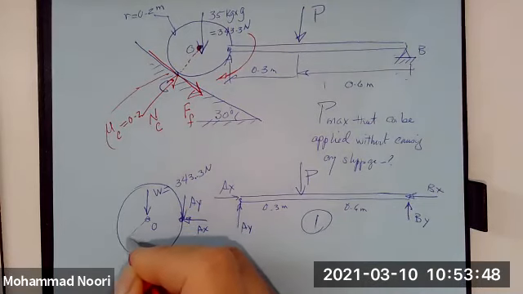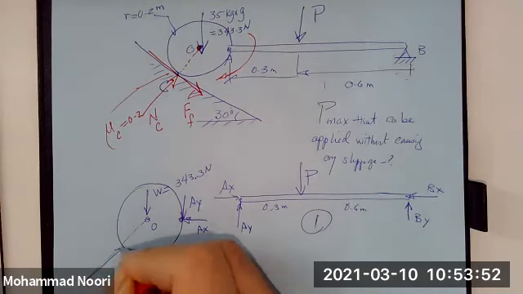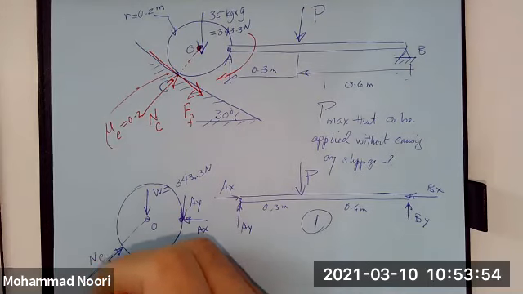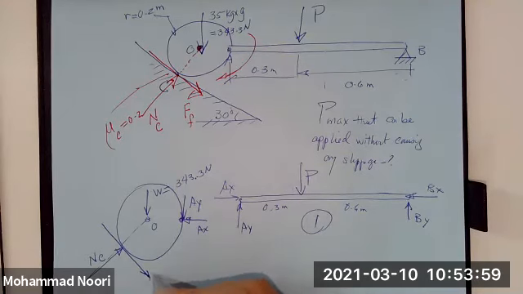And then you have what? You have this force N sub C, and this force F sub F, which is mu sub C times N sub C.